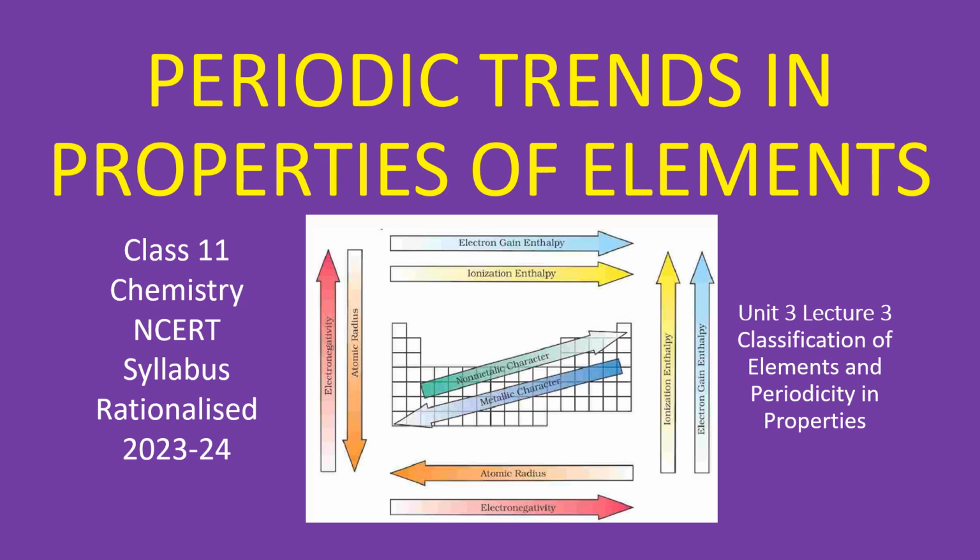To answer these questions, we must look into the theories of atomic structure and properties of the atom. In this section, we will discuss the periodic trends in certain physical and chemical properties and try to explain them in terms of number of electrons and energy levels.